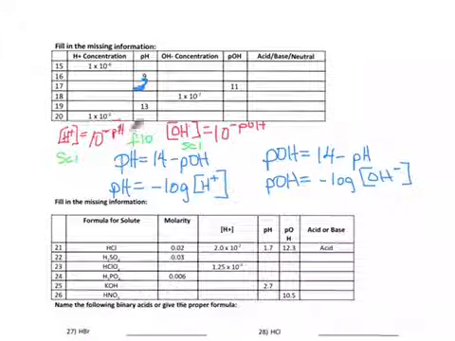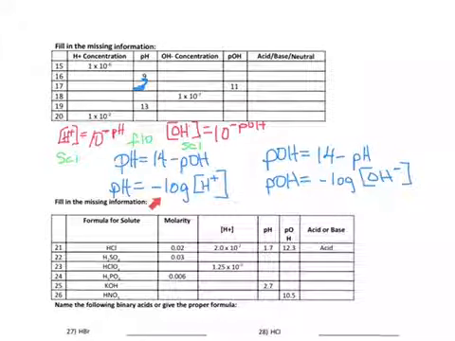I can't calculate pOH directly. How would I do that? Let's say I know the hydrogen ion concentration and the question is asking, what is the pOH? What would I need to do first? You have to find your pH first using which formula?